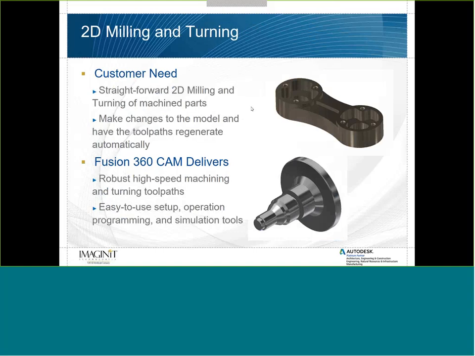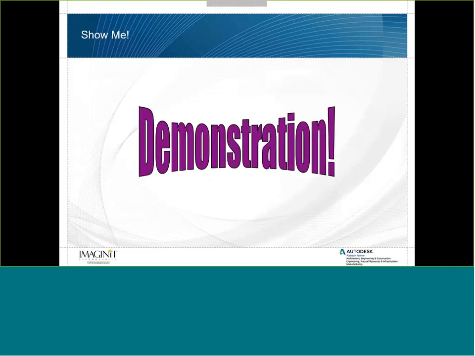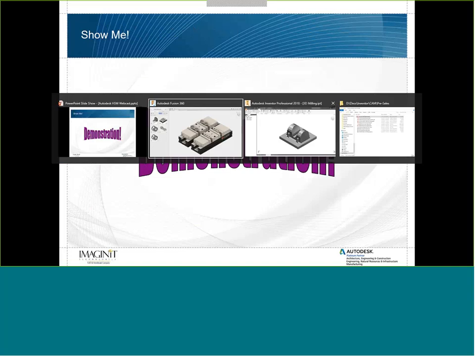So what Fusion 360 CAM delivers is robust high-speed machining and turning tool paths and the easy-to-use setup, operation programming, and simulation tools to be able to go through and work with it. And we're going to be oscillating back and forth between Fusion 360 and Inventor HSM. But the tools are available in each. They're also available in HSM Works for those of you that are using SolidWorks. So let's go ahead and step into the first demo.